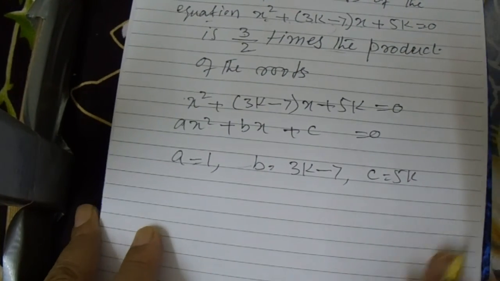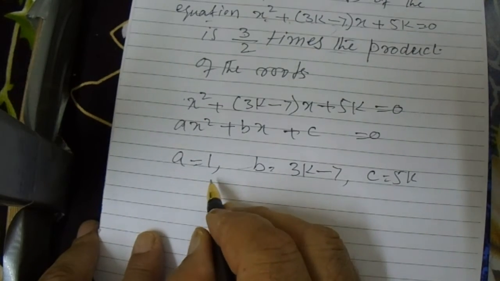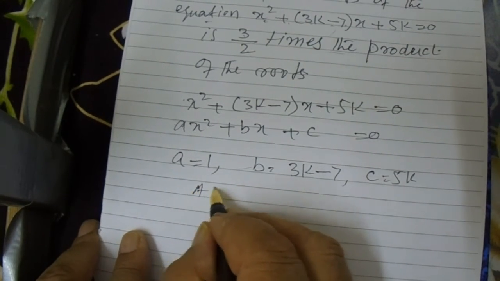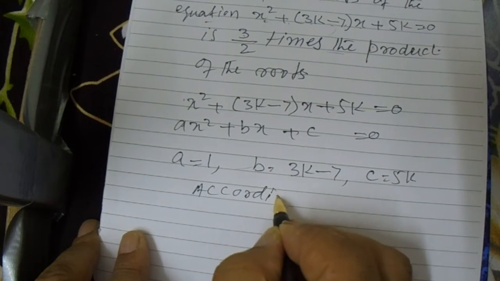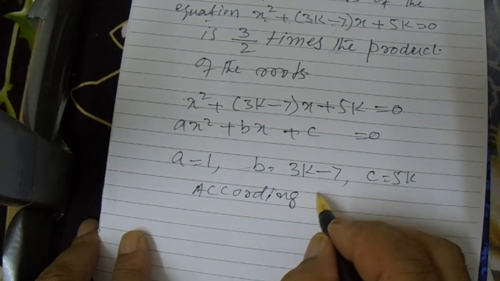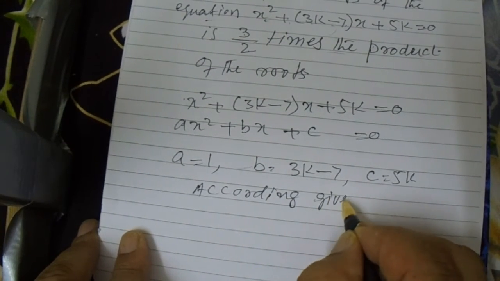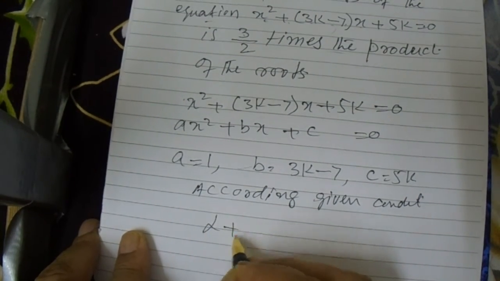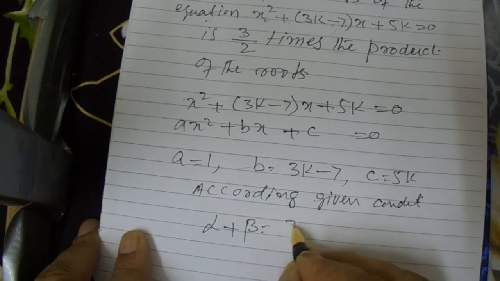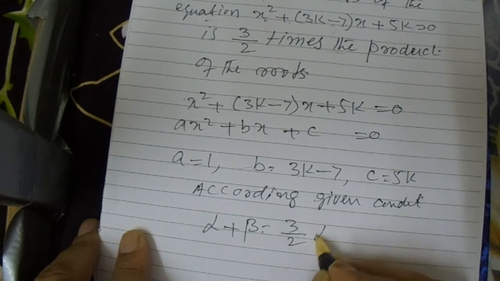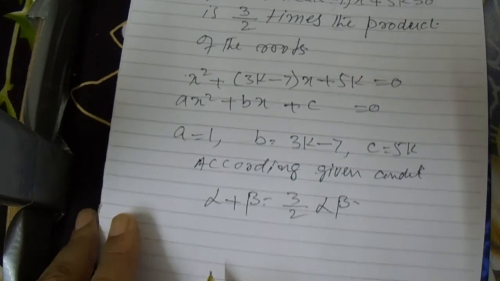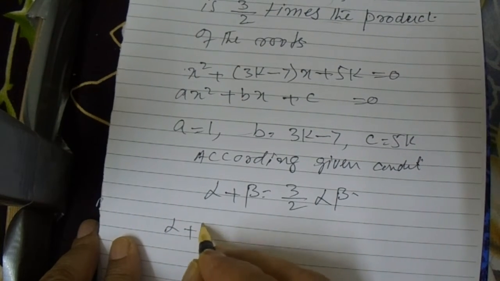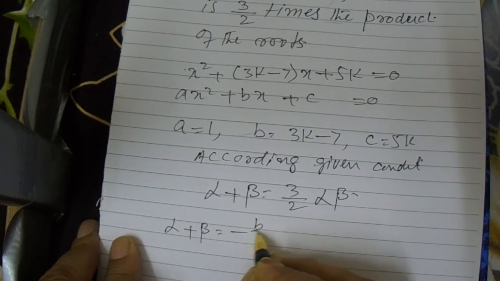Now, according to the given condition, alpha + beta is equal to 3 by 2 times alpha beta, the product of the roots. First we find alpha + beta, which is −b over a.